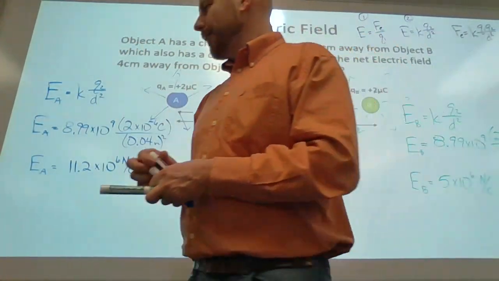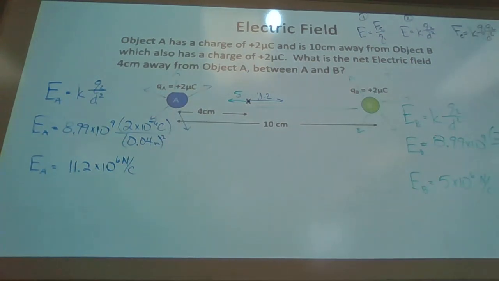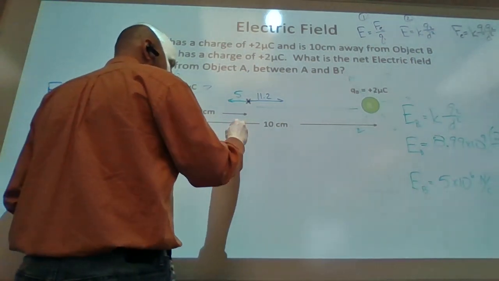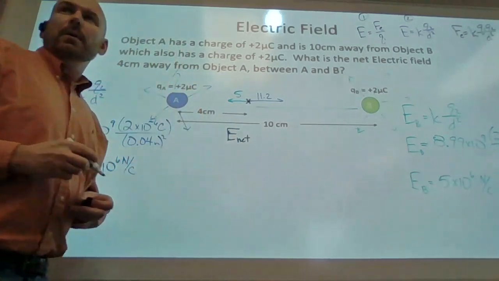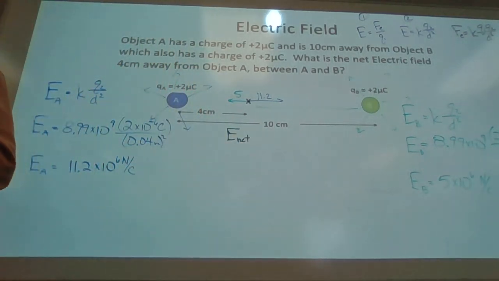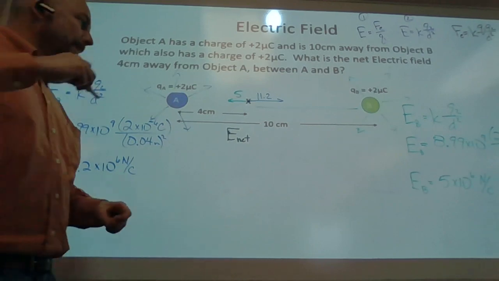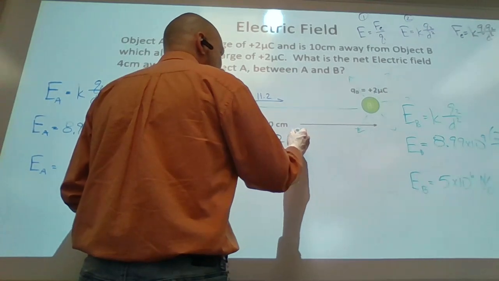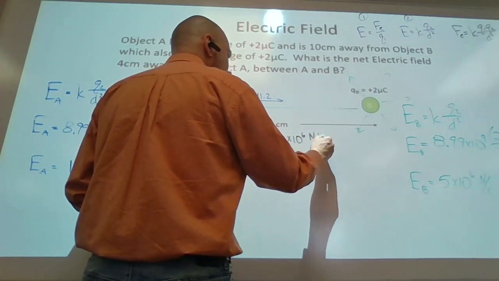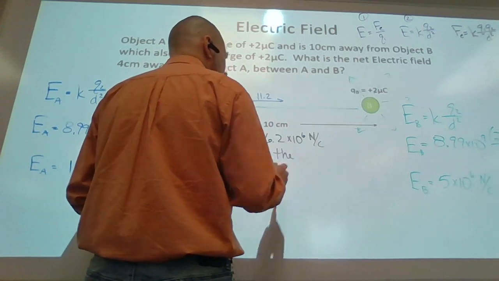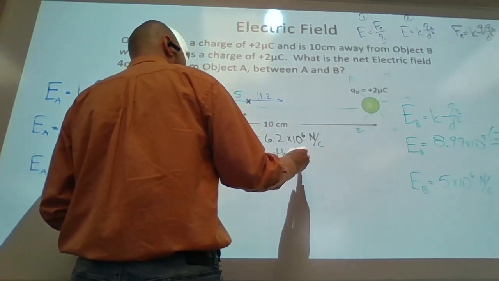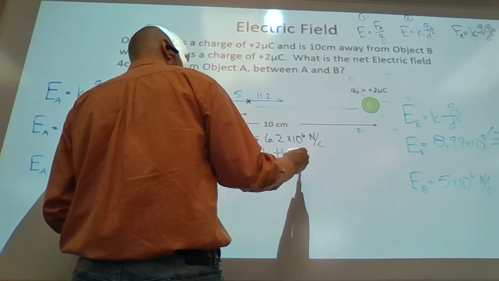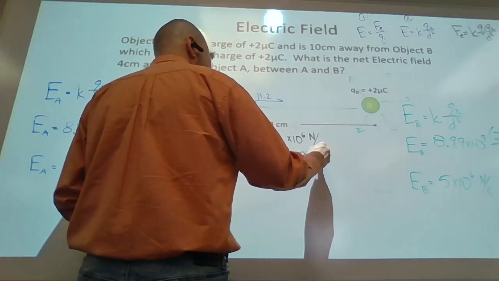So to find the net electric field, what am I going to do mathematically? Because you're going in opposite directions, I'm going to subtract. So I get 6.2 times 10 to the 6th newtons per coulomb to the, tell me, right or left? Right, because the first is bigger.